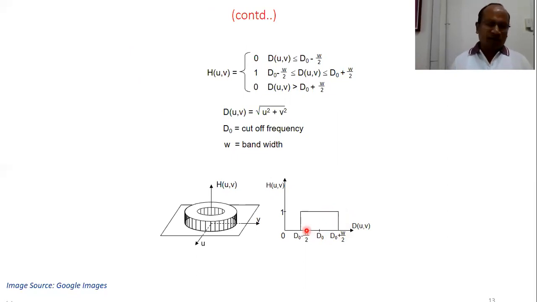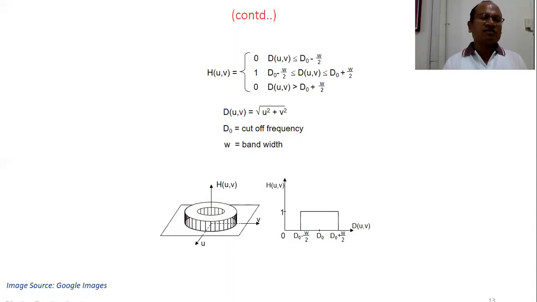If you look at this particular transfer function, you find there are two radii, two circles, and there are lines where the signal will be rejected. There is a white color in the middle, a radius, a circle. That area will be passed, and outside this it will be rejected.